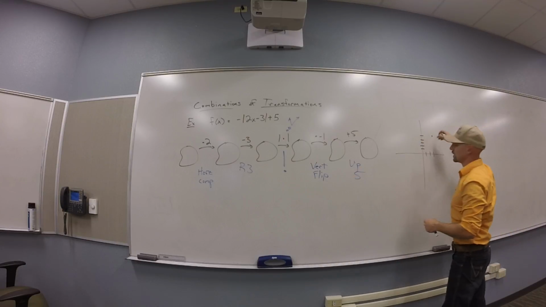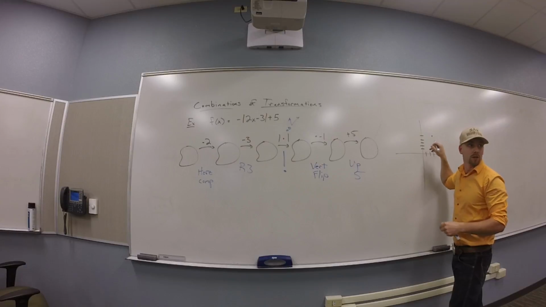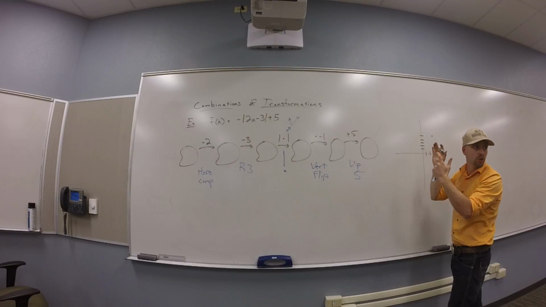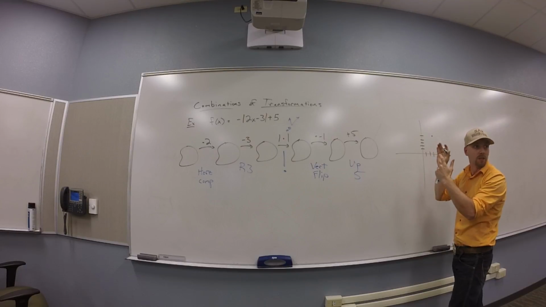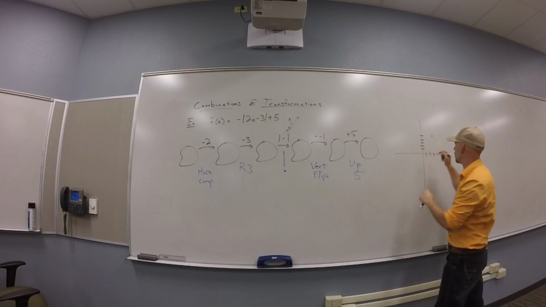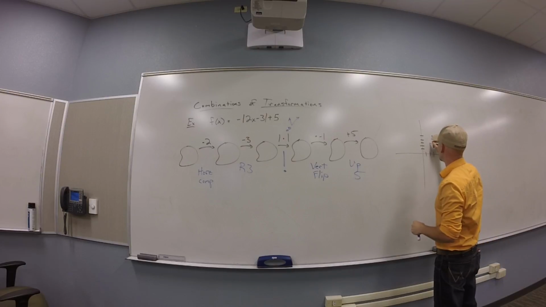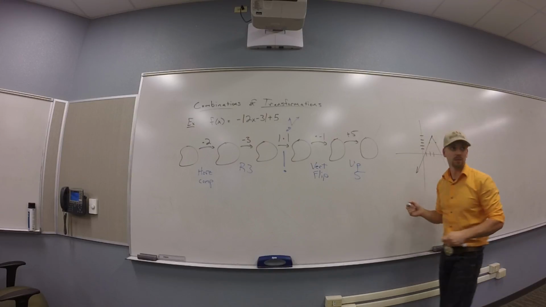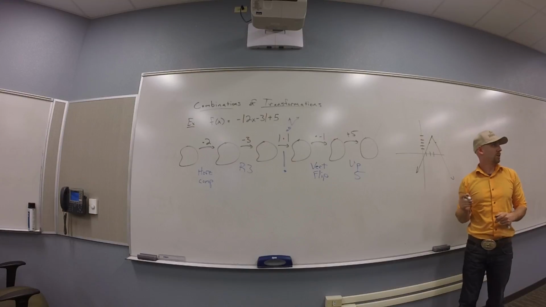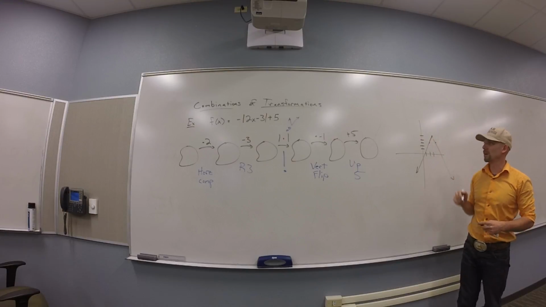Vertical flip means my V is going to open upside down. The compress by 2 is going to mean that my V has slope of 2 down for every over 1, right? Boom, V, something like this. Yes? I would say my vertex is here at 3, 5.